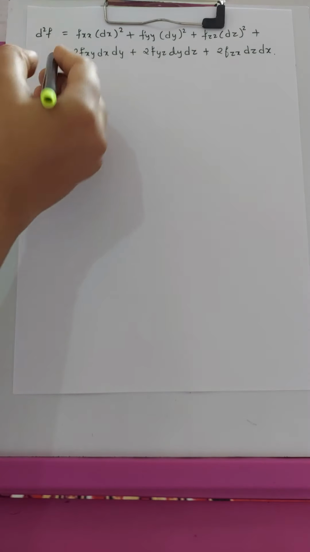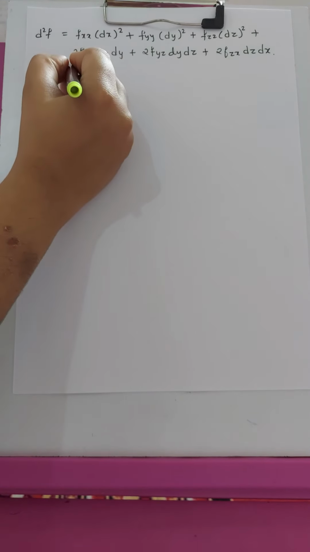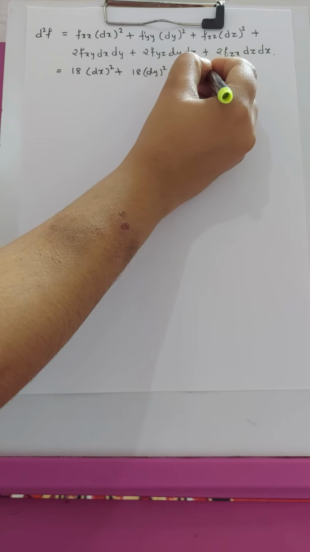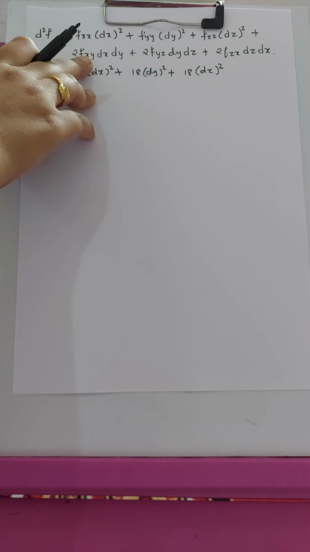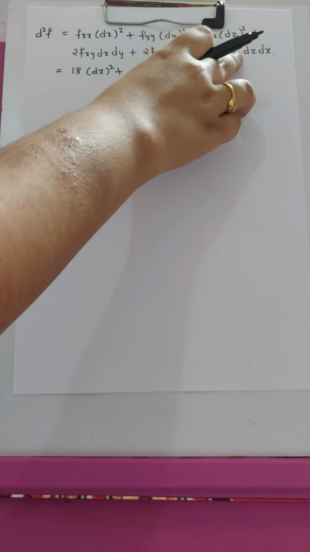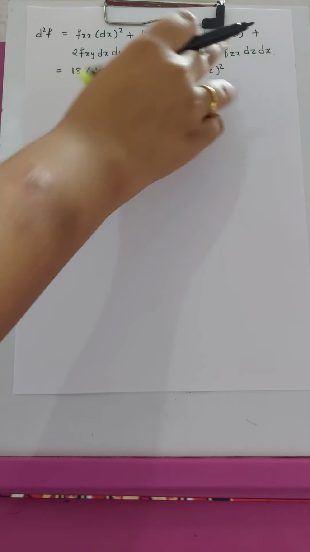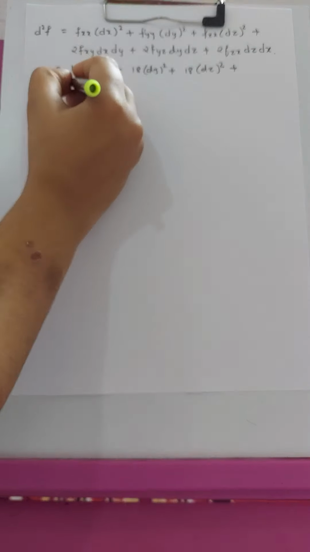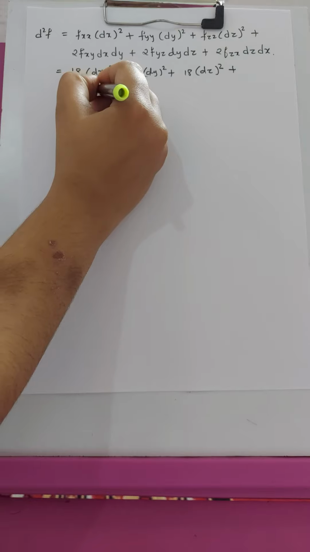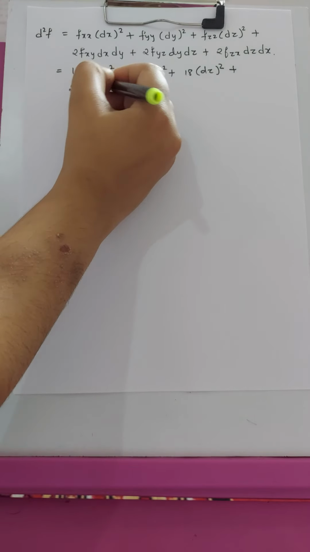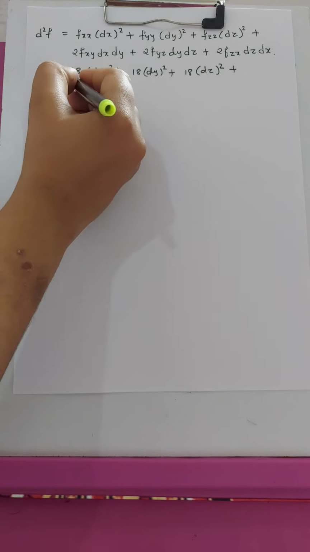So now we will substitute the values. The value of f xx is 18 dx squared. Again the value of f yy is 18 dy squared, and similarly here 18 dz squared. The value of f xy, f yz and f zx is, actually, minus 6.